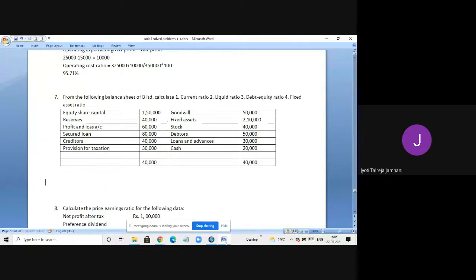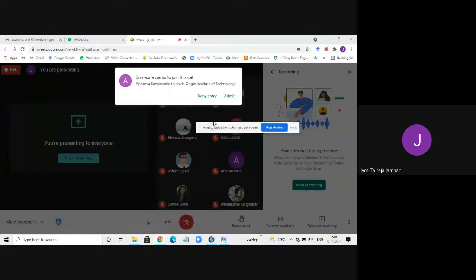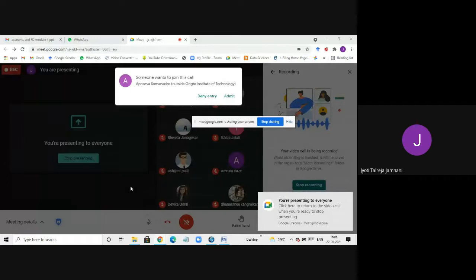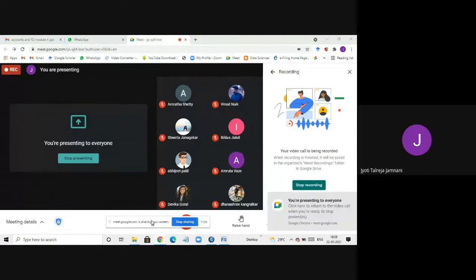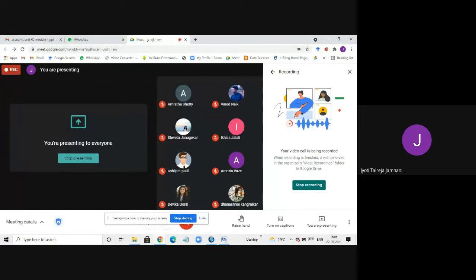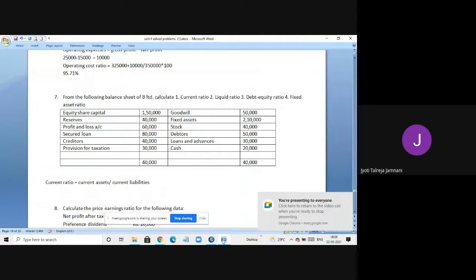So we'll first start with the current ratio. Current ratio, you all might be remembering the formula. It is current assets divided by current liability. Current ratio is equal to current assets.